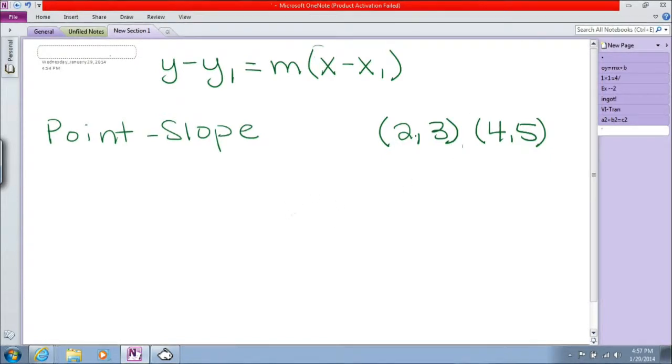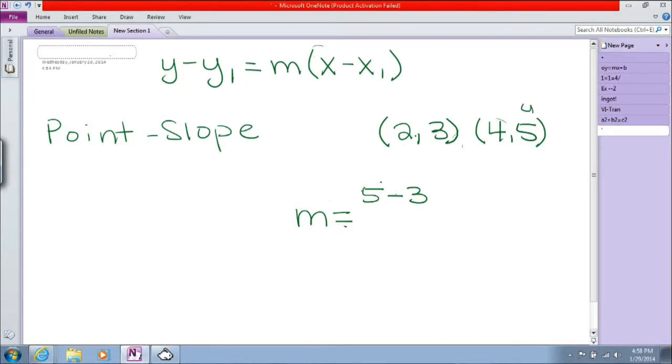The slope is represented by m in our equation, and to find the slope, you find the change in y over the change in x, or you might have heard rise over run, or y1 minus y2, all of the same things. But what we do is, and I can talk more about this in a back to basics, we take our y values and we subtract.